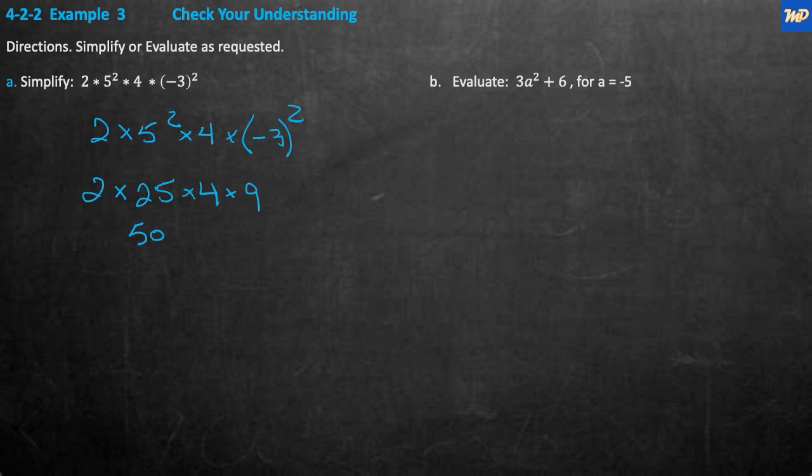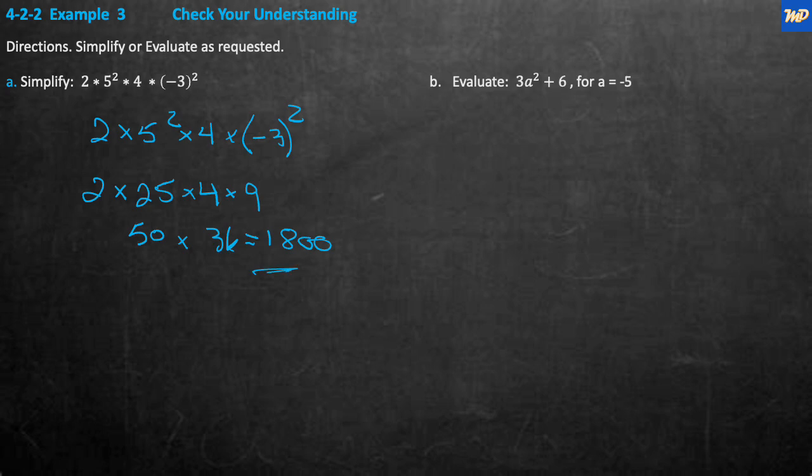And now times 4 times 9 is 36. So 50 times 36. And I don't have that number in front of me. So what is 150 times 180 times 10 is like 1,800. I think that would be 1,800. If I'm wrong, someone tell me. Leave a note, comment in the comment section.